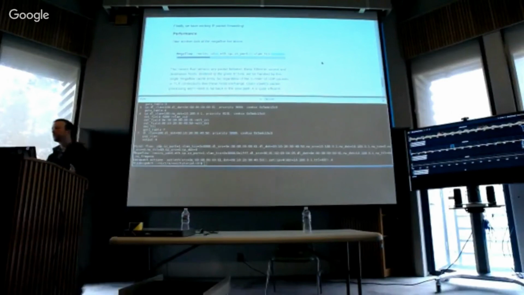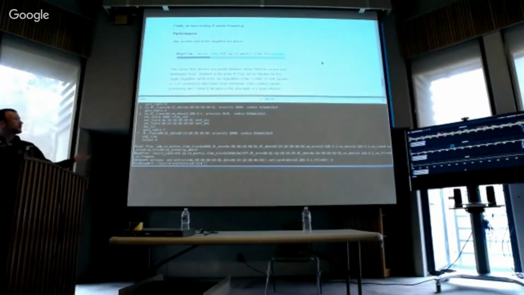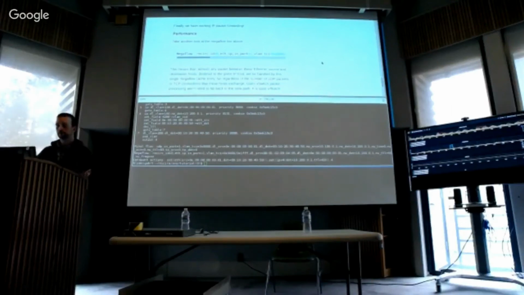That means that any conversations from this point forward between these two machines over IP will be covered by this, regardless of the other fields. So that normally will lead to good performance.